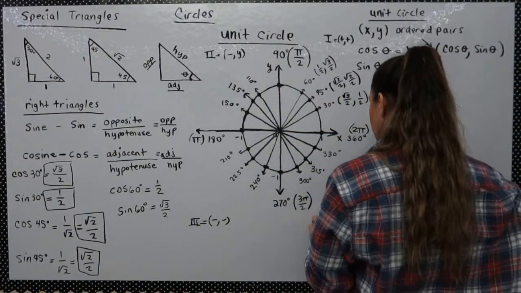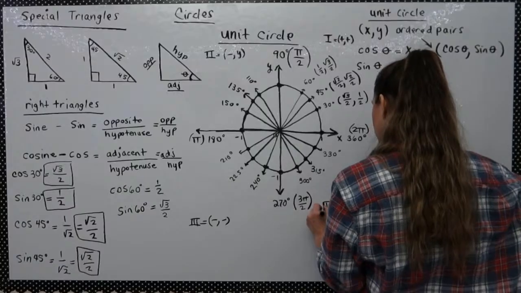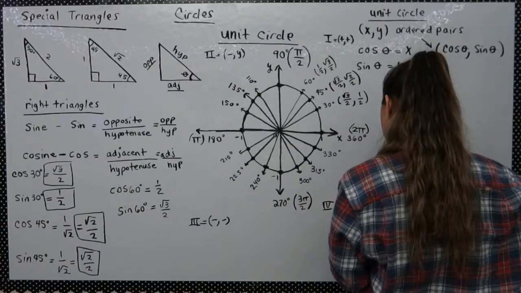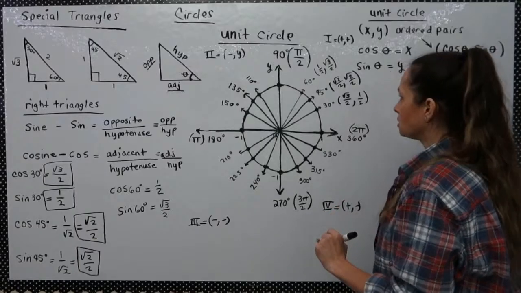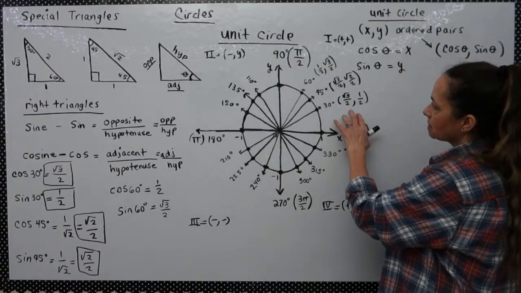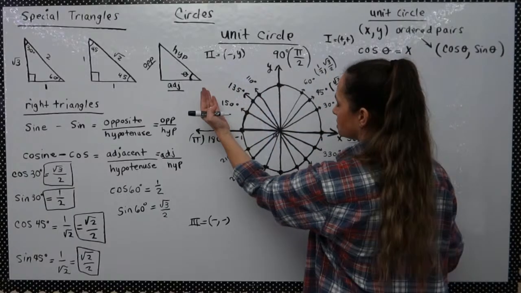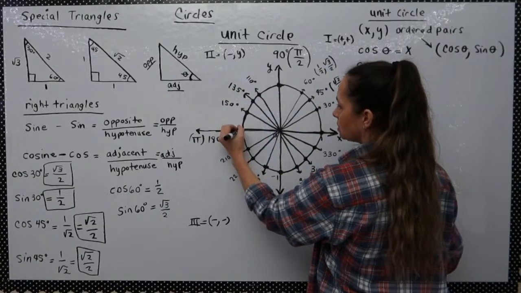And then you have quadrant 4, where your X values are positive, but your Y values are negative. And so all I'm going to do is take these values and flip them. So it's a symmetrical thing.